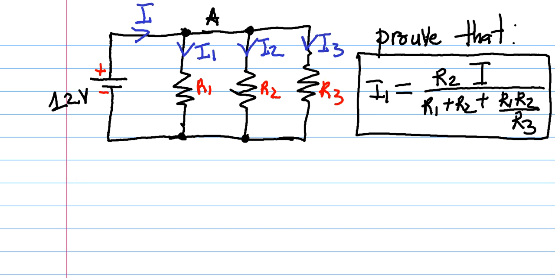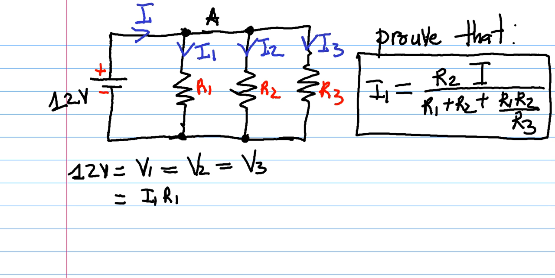Let me take the black one. 12 volt is equal to V1, equal to V2, equal to V3, which is also equal to I1 R1 equal to I2 R2 equal to I3 R3. Let's call this equation 1.